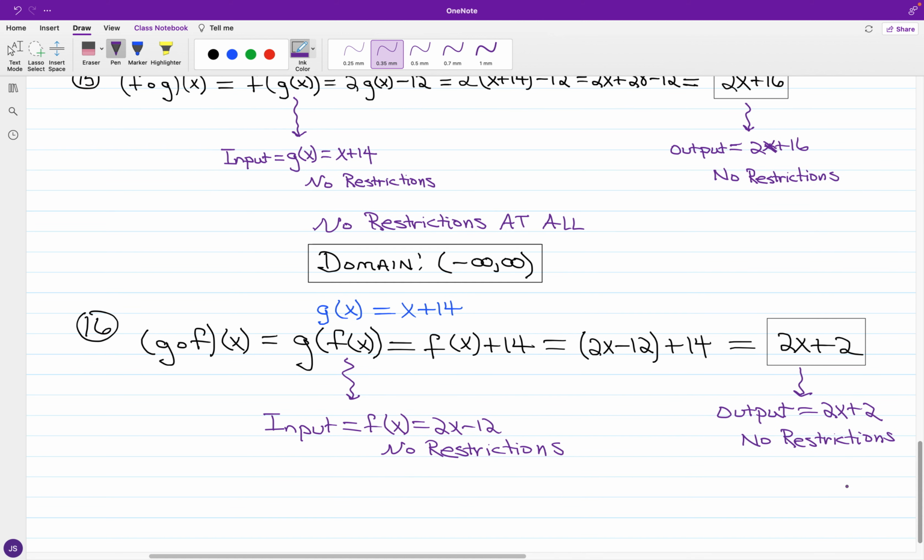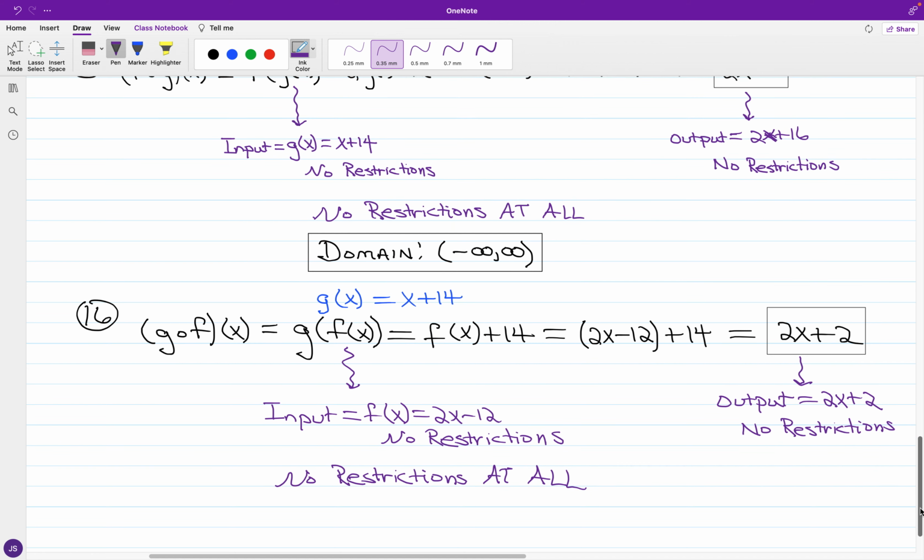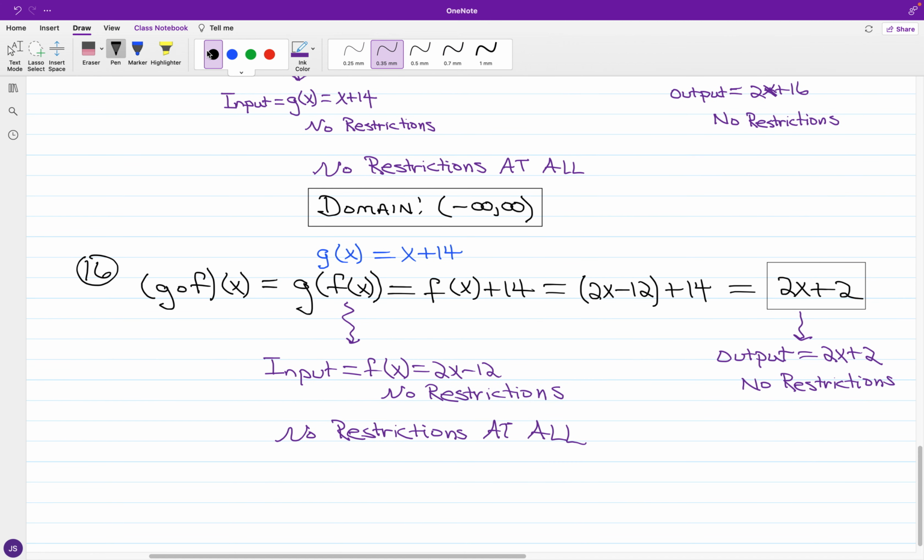So again, between the input and the output, you have no restrictions at all. And so once again, the domain is going to be the set of all real numbers.